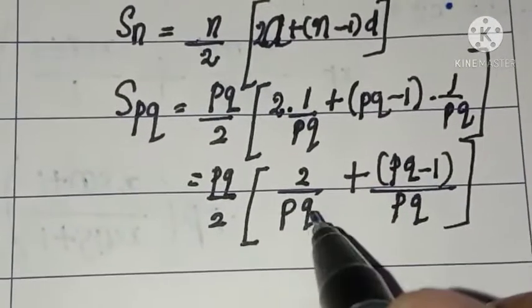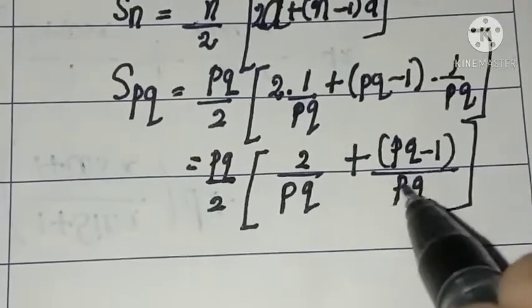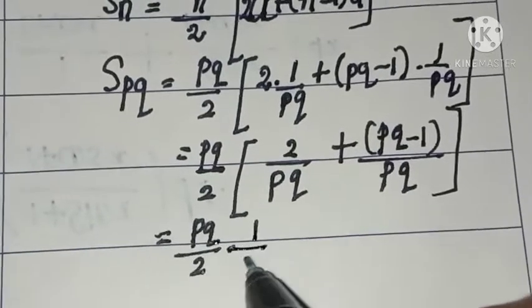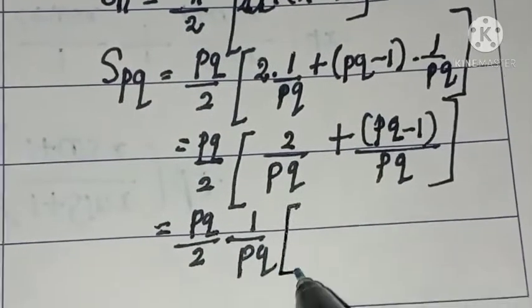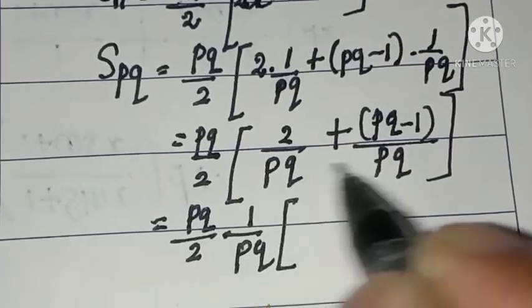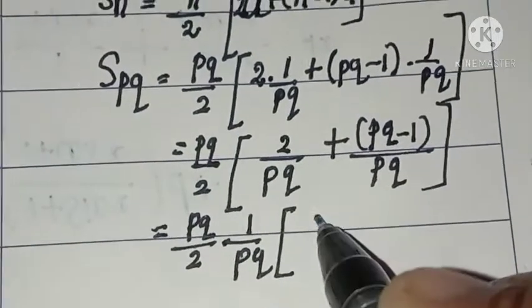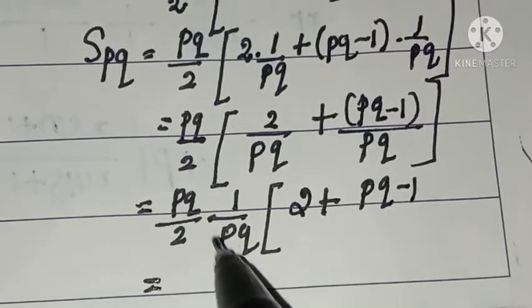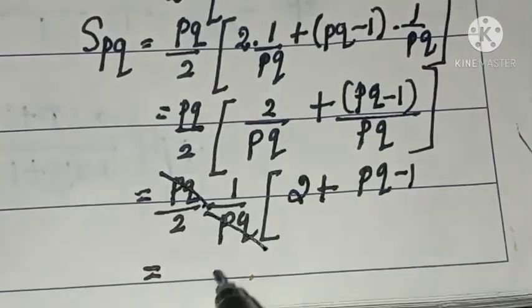See, in these two terms 1/pq is common, so take it outside. So pq/2 into 1/pq, and the remaining is 2 + pq − 1. So here we can cancel pq and pq.